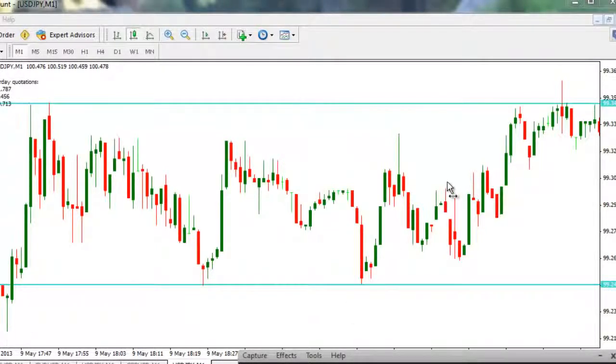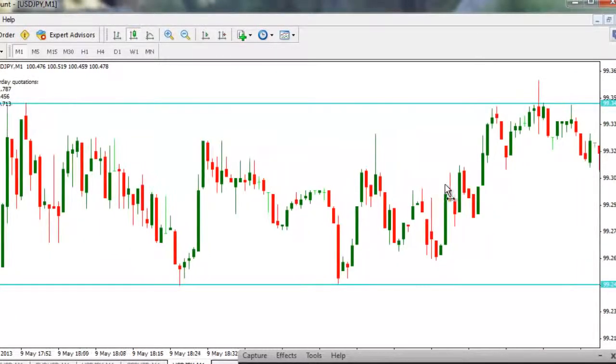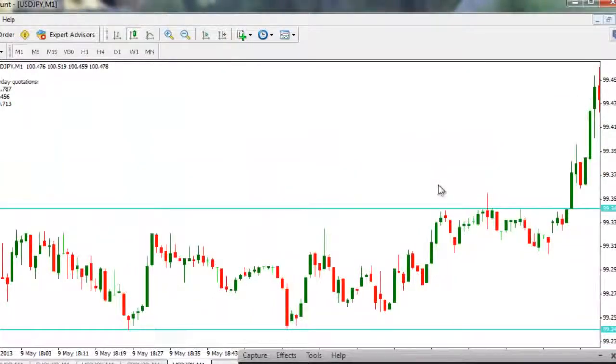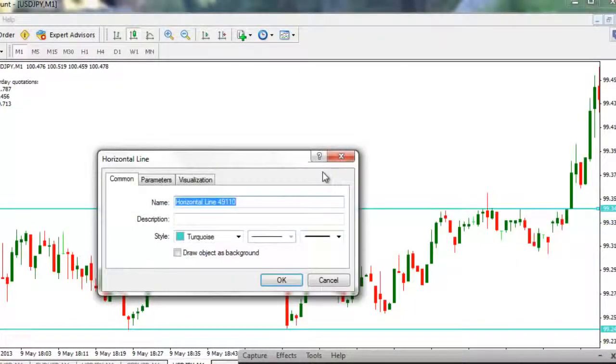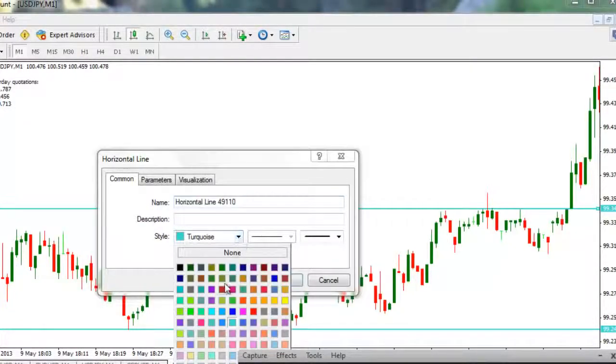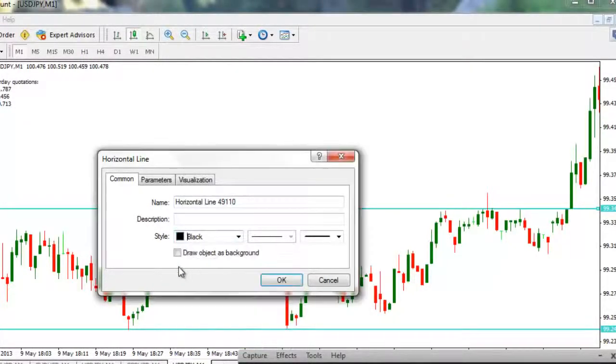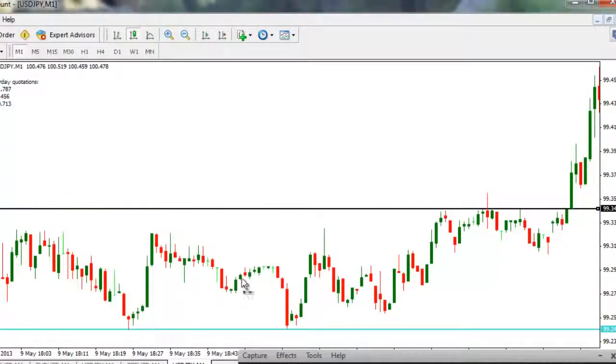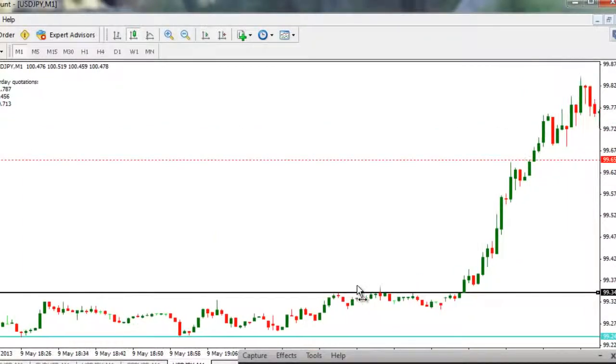Now, let's say you found that trade and you won it, now the price breaks out of that area. So now this area becomes a lower probability trade, a lower resistance area. It's not as strong. So now we maybe turn this color to black, and this is still a high probability setup right here at the bottom.